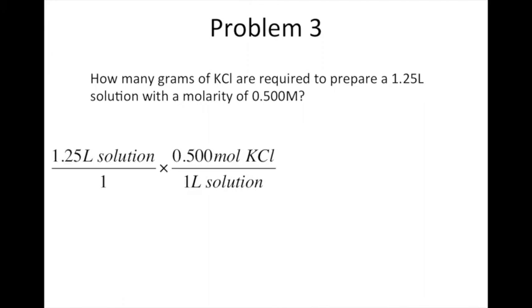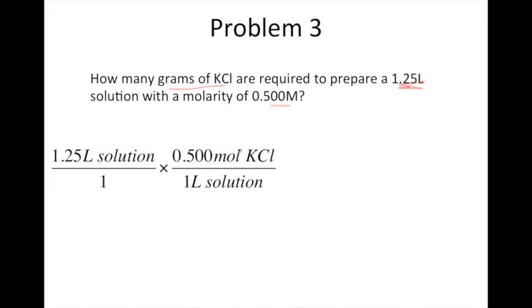Okay, so here I'm wanting to get to grams of calcium chloride. I'm given the volume of solution and the molarity. So here's what I know. If I start with the volume, 1.25 liters, as I mentioned before, molarity can be used as a conversion factor.